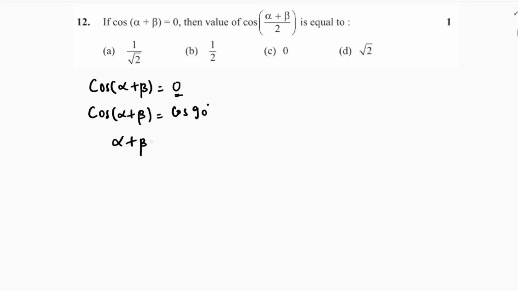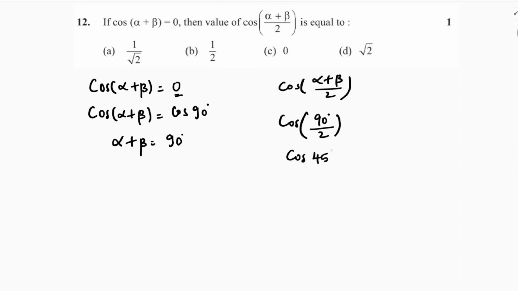So the alpha plus beta value is 90 degrees. But they are asking cos of (alpha plus beta) upon 2. So alpha plus beta is 90 degrees, by 2. So we need to find cos 45 degrees. Cos 45 is 1 by root 2. So the correct option is A.